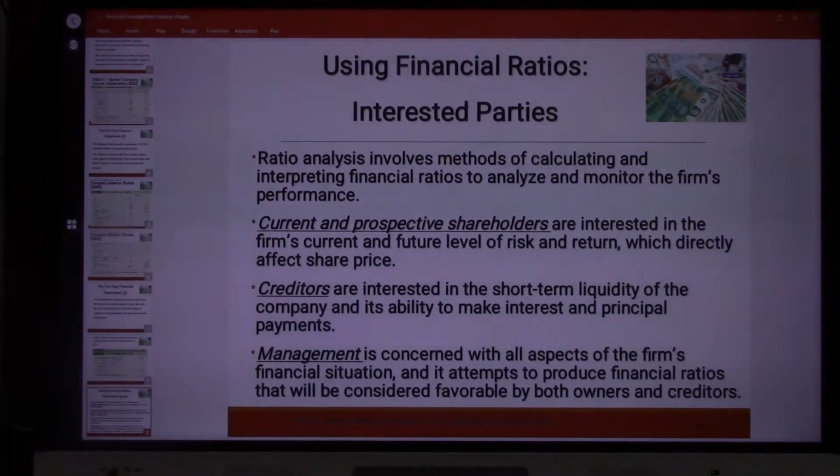Creditors are interested in the short-term liquidity of the company and its ability to make interest and principal payments. The third interested party is management, which is concerned with all aspects of the firm's financial situation, and they attempt to produce financial ratios that will be considered favorable by both owners and creditors.